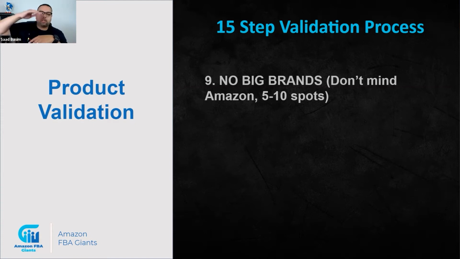Let's say maybe he's dominating the market, or it's going to be Hasbro, it's going to be Marvel, maybe Avengers, maybe Fisher-Price, whatever brand for toys. You can see all of them are dominating the top 10, 15. You cannot compete with that. It's very hard. But if I have 1 or 2, I'm okay. But if I have multiple of them in 5 to 10 spots, I'll keep away from it.